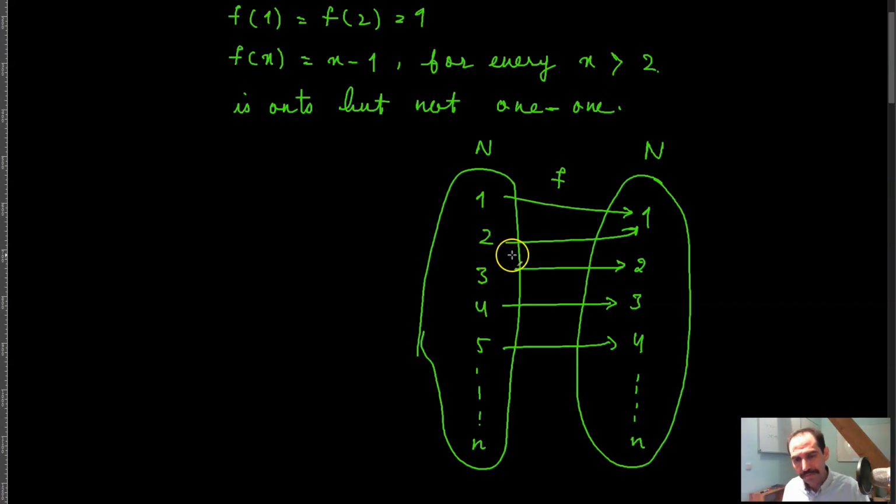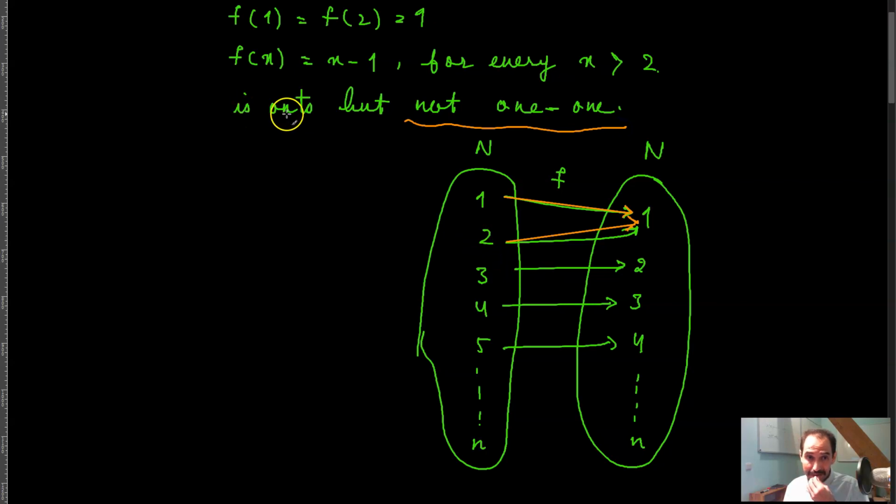Second of all, the function is not 1-1, because as you can see here, 1 is mapped to 1 and 2 is also mapped to 1, which means that these two distinct elements of the domain do not have two distinct images in the range, which means that the function is, well, not 1-1, right?